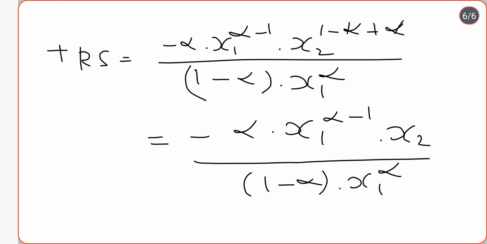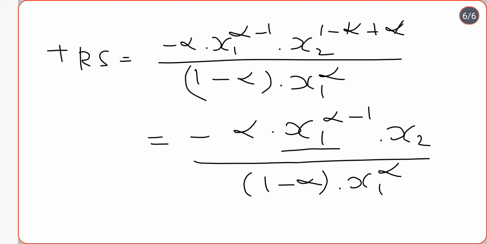Now we have to take this x1 to the power alpha minus 1 in the denominator part. If we take this x1 to the power alpha minus 1 in the denominator part, then the sign will be changed. We have to give a minus to the power.